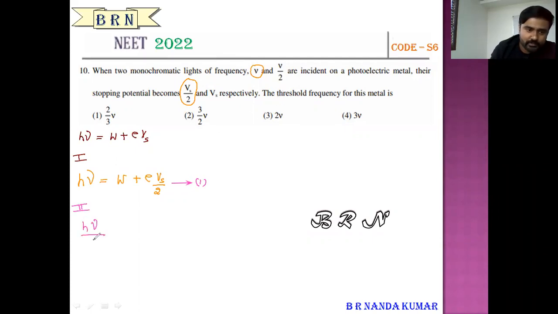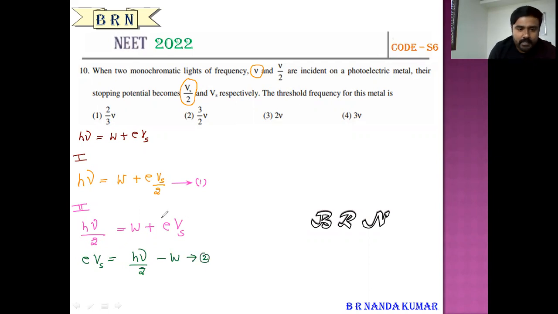So h nu by 2 is equal to work function plus e times the stopping potential, which in the second case is Vs, right? e into Vs. Call this equation 2. If we simplify eVs from this, solving becomes easy. eVs is equal to h nu by 2 minus W. Correct? So eVs is h nu by 2 minus W.